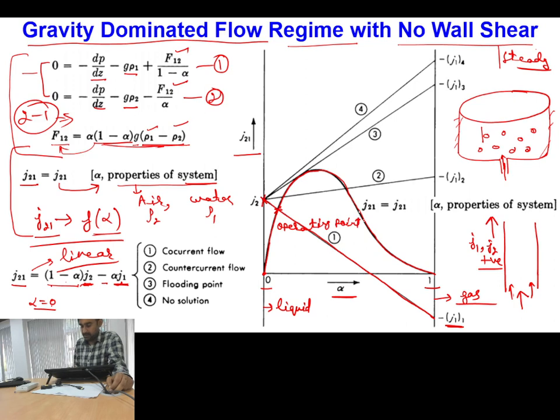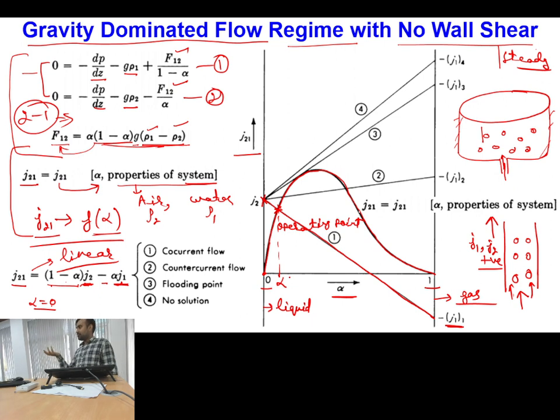So it means that if you specify the co-flow of fluids in a particular tube with J1 and J2 volumetric fluxes, then within the tube, if your flow is in the bubbly regime, you will have this much value of average void fraction within the tube. Okay. Is this point clear? All are clear with this idea?